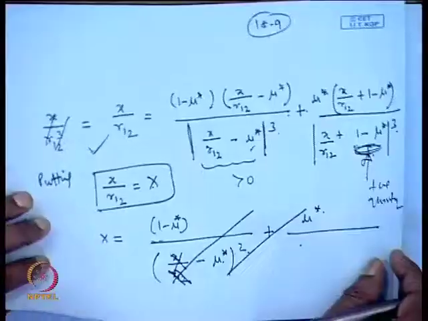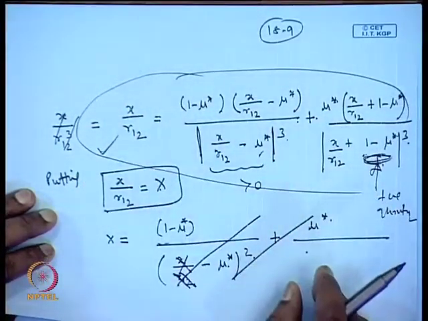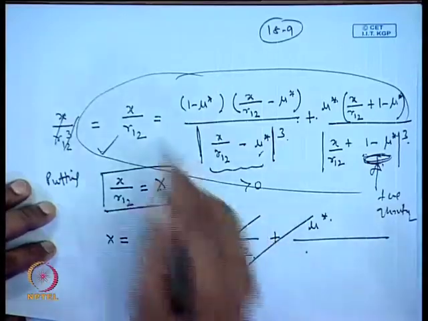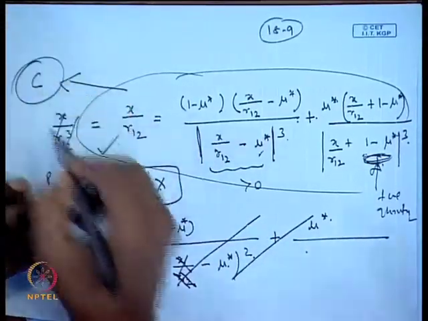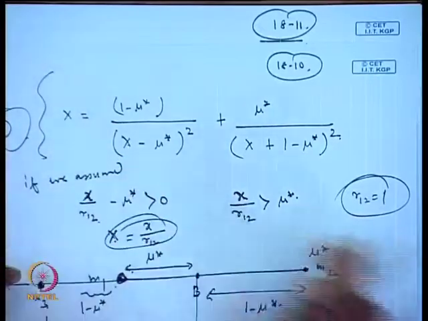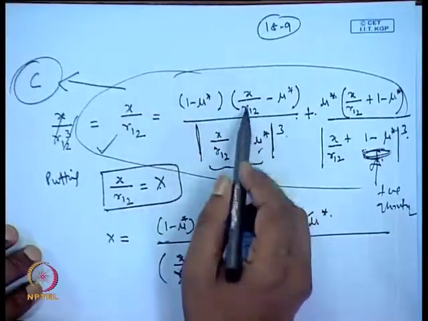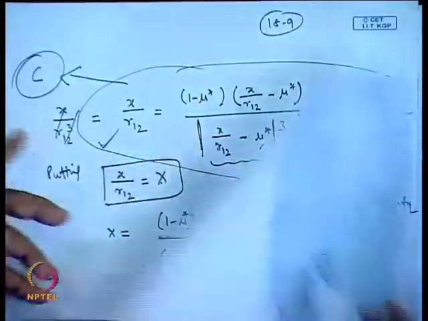After this simplification, what we ultimately got was our main equation. Let us say this is equation number C, and this is equation number D. In equation number C, if we are using the point on the left hand side, this is the result that we are getting.